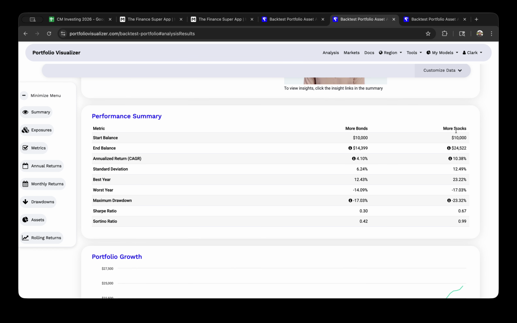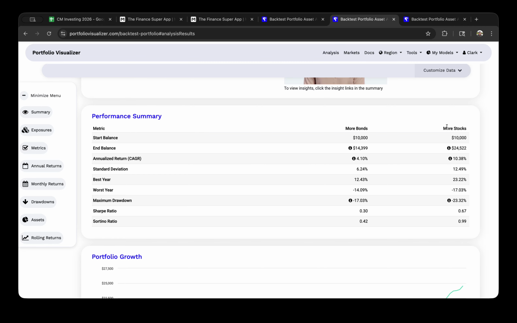So you can see more bonds versus more stocks. If you started out with this portfolio, $10,000, after 10 years, you would have ended up with $14,399, which is a compound annual growth rate of a little over 4%. And your maximum drawdown was 17%.